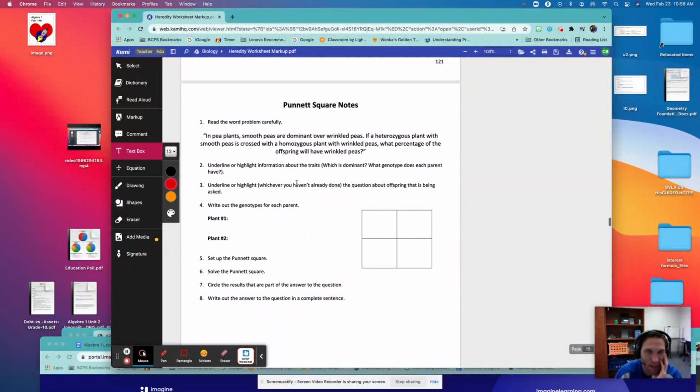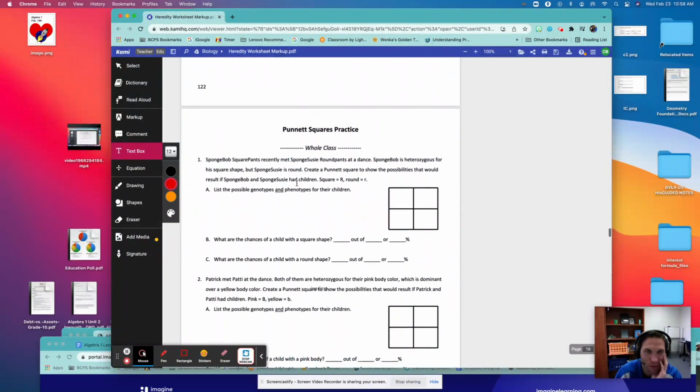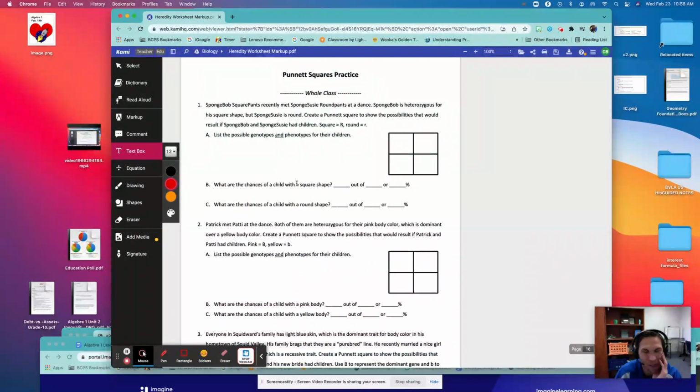Pea plants have lots of traits that are easy to visually compare and classify. It's either tall or short, either wrinkled or smooth, either yellow or green. And so that's really the type of trait that you want to study.